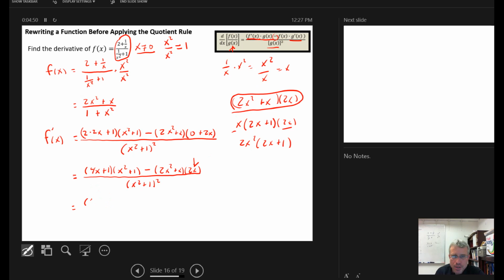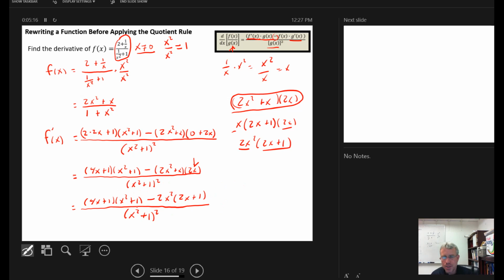So I'd rewrite this as 4x plus 1 times an x squared plus 1 minus the 2x squared times the 2x plus 1, all over the denominator squared, or the x squared plus 1 being squared in the denominator.